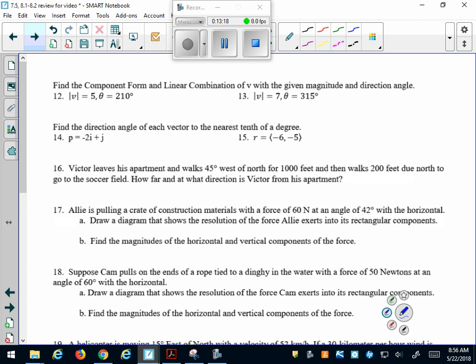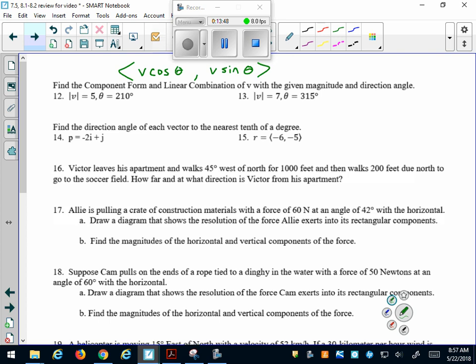Okay, find the component form and linear combination form of the vector with the given magnitude and direction. So now they're giving us the magnitude is 5 and the direction angle is 210. We're going to use our formulas, V cosine theta and V sine theta, for the component form.